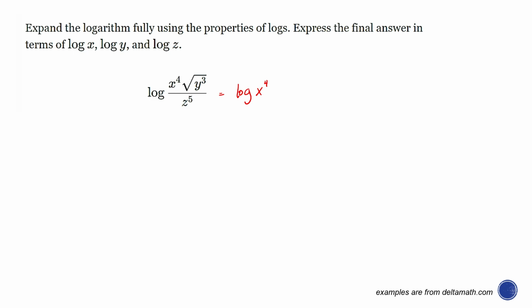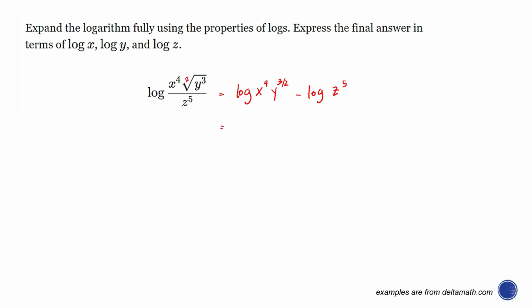By default, if you don't see any index, that means the index is 2. Right? So meaning we can express this as y raised to 3 over 2. Okay? So that's our numerator, minus log z raised to 5.